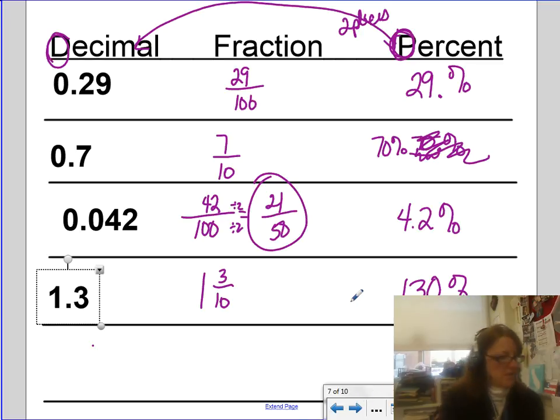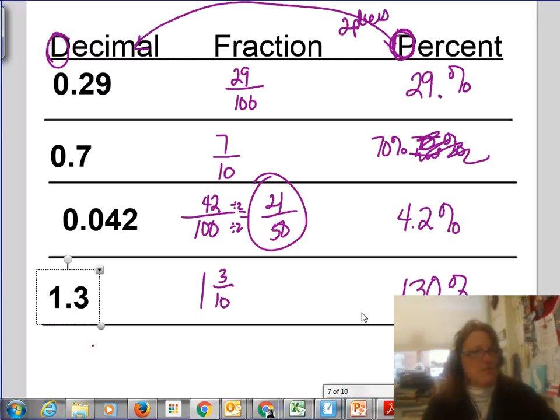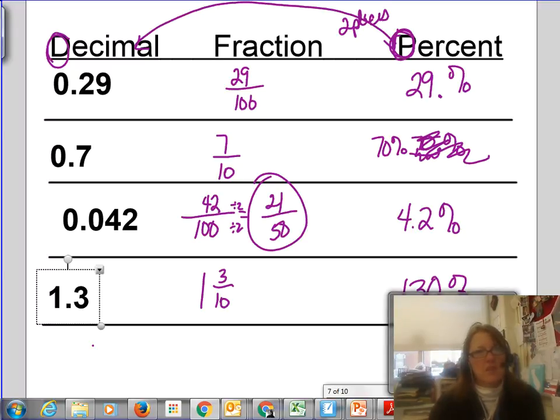So if I give you a chart and I ask you which one's bigger, which one's smaller, if I give you a percent and we're asking if it's greater than or smaller than, you just have to go ahead and convert it so you have the same values and then go from there.